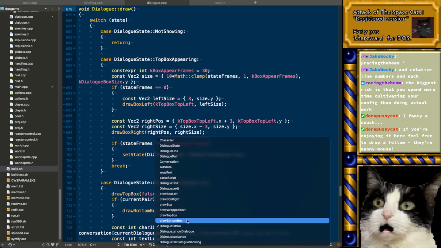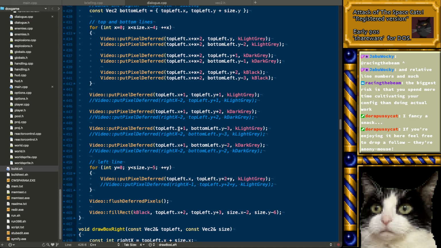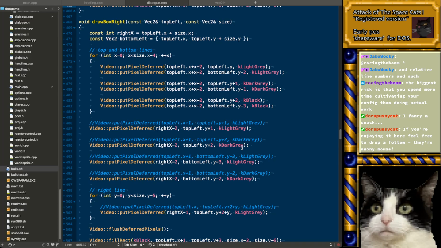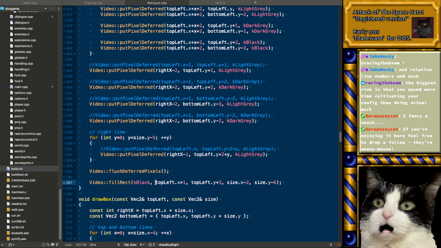Draw box left, draw box left, draw box left. There it is. It's not you that's broken. You were fine. It was draw box right. It was wrong.